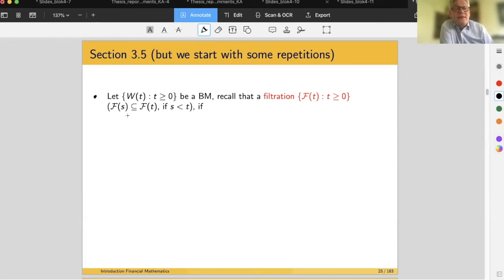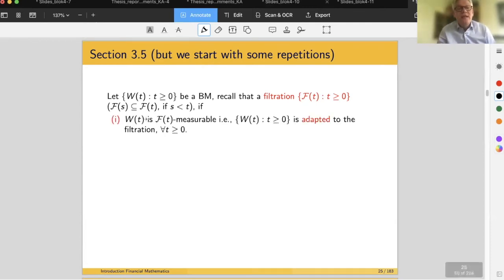So information is accumulated. Yes, so it's a filtration if, first of all, W(t) is F(t) measurable, which means that W(t) for t greater or equal to 0 is adapted to the filtration for all time t greater or equal to 0.